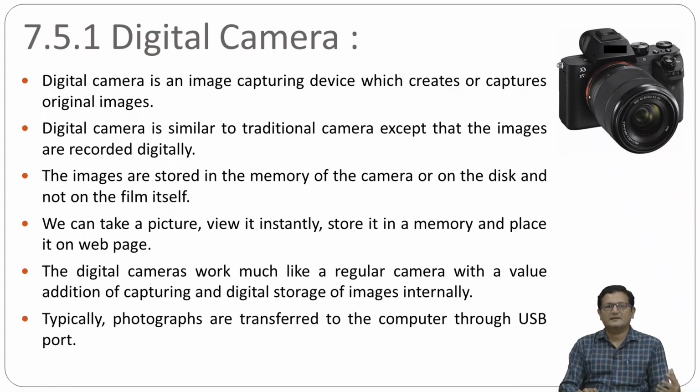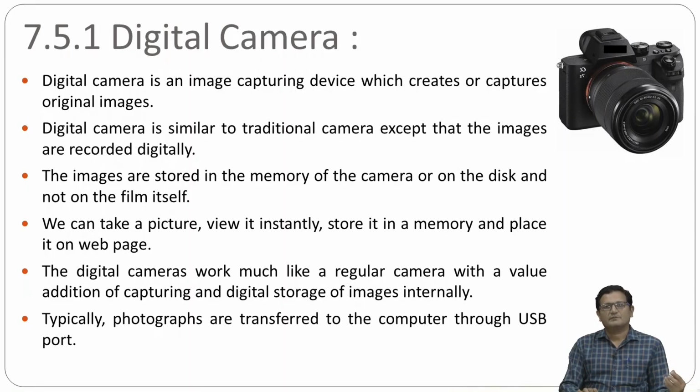Obviously before the digital camera, traditional cameras were there, but the traditional camera was capturing the image in the form of analog, right? But with the help of a digital camera, you can capture the image in the form of digital data, so that you can process that particular image with the help of a computer, and you can also transmit this type of image from one location to another location.